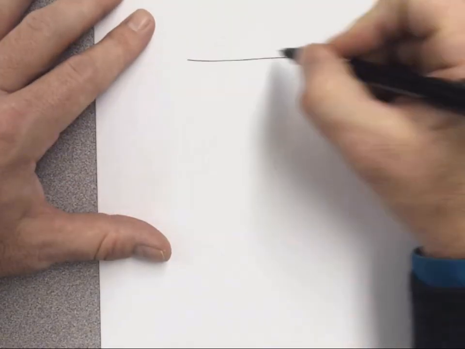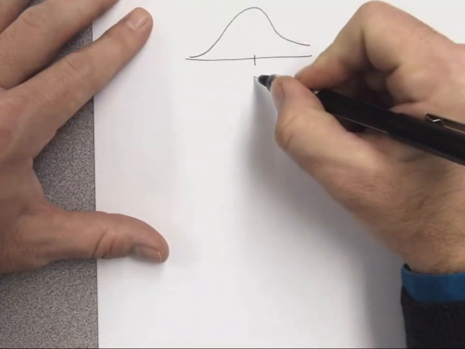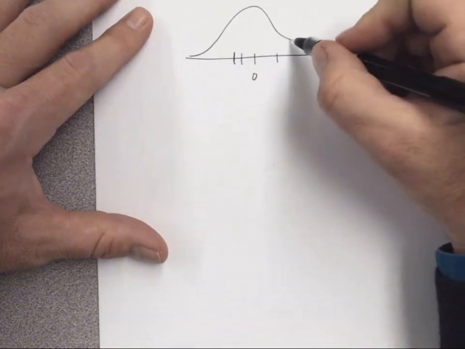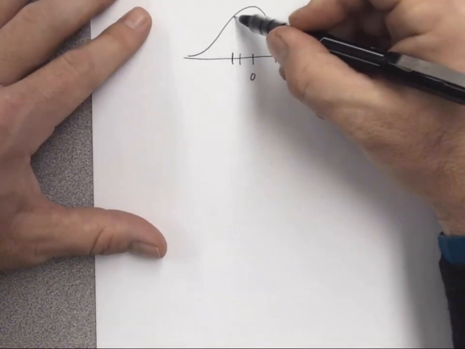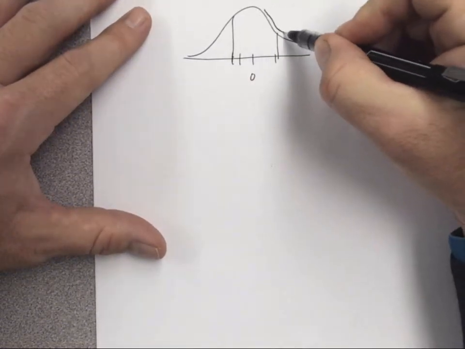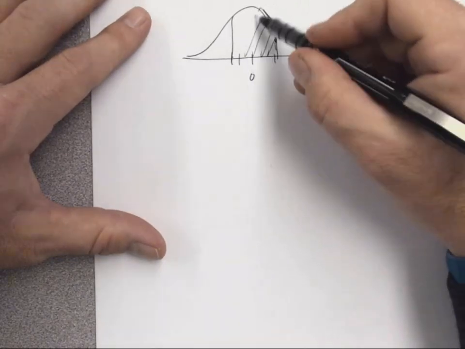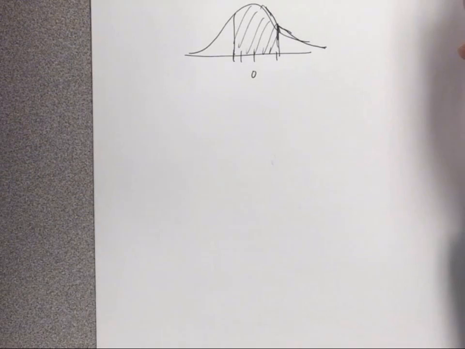Remember going through that, when I was explaining 1 standard deviation, that if we have a bell-shaped curve, oh, that's a terrible bell shape. Oh well. The idea is it's supposed to be symmetric. The area here is about 67%, right?